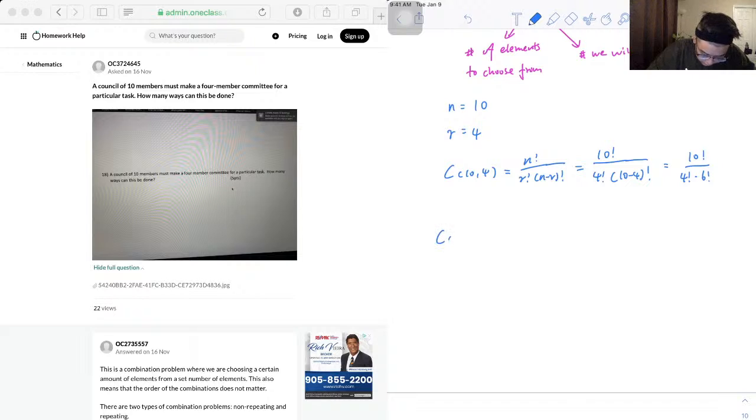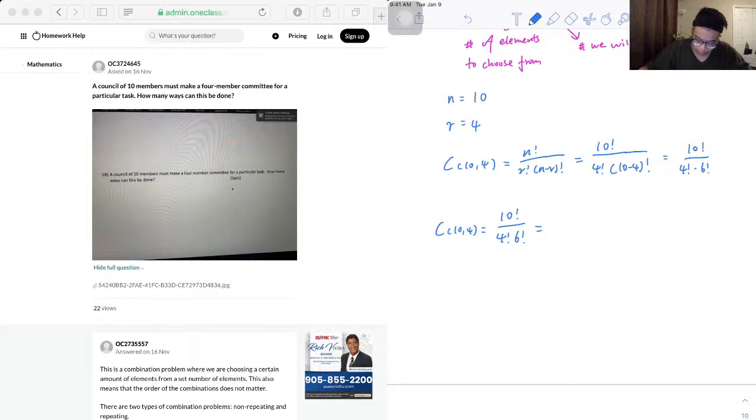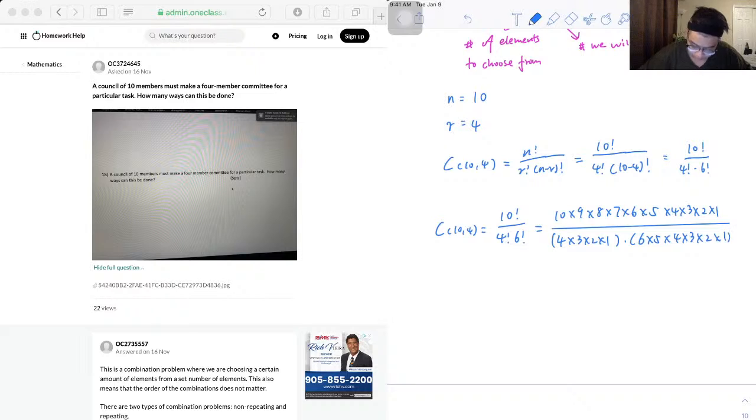C(10, 4) equals 10 factorial over 4 factorial 6 factorial, which can be written as 10 times 9 times 8 times 7 times 6 times 5 times 4 times 3 times 2 times 1 over 4 times 3 times 2 times 1 times 6 times 5 times 4 times 3 times 2 times 1.